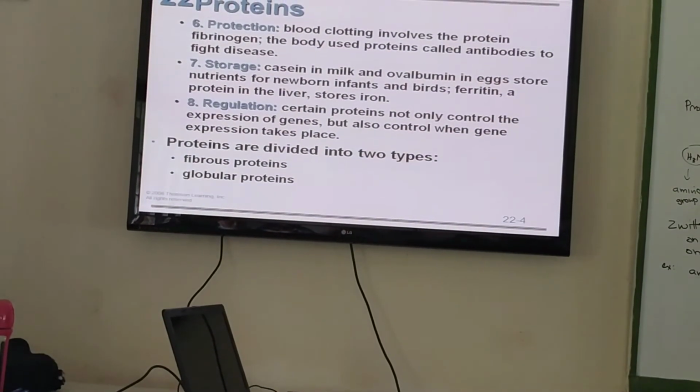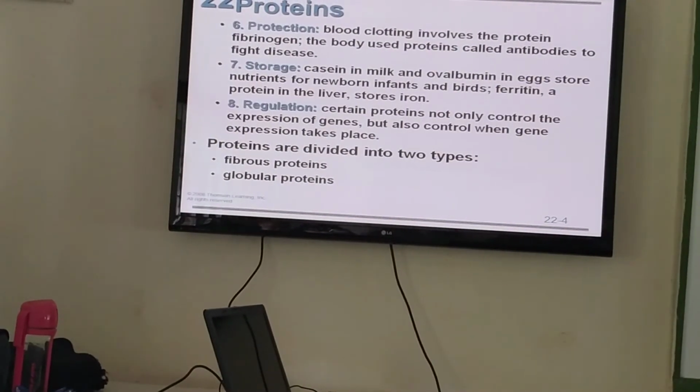Now, that could only be produced when there are antigens which our body has encountered. Okay? So, when an antigen gets inside our body, then a specific antibody will be produced by our immune system, specifically our B cells. So, to fight against diseases.